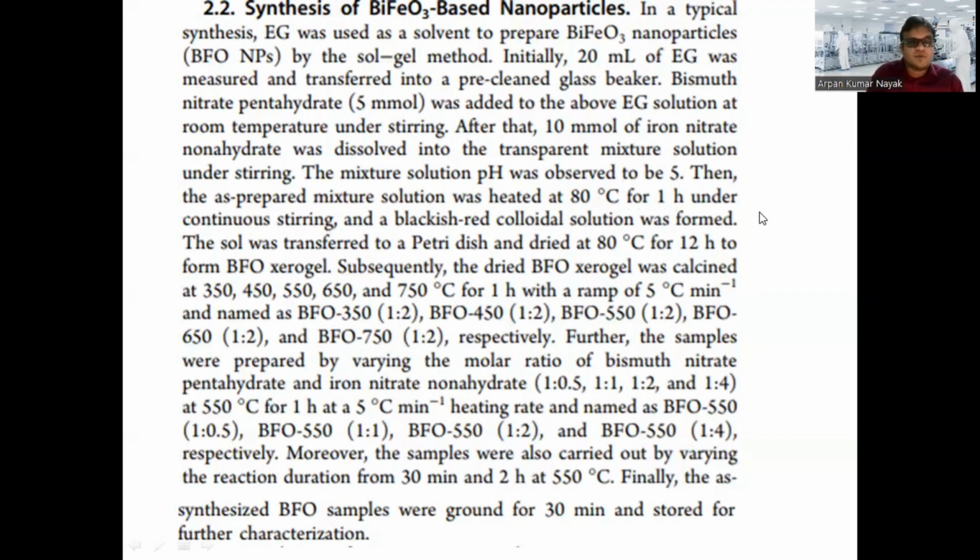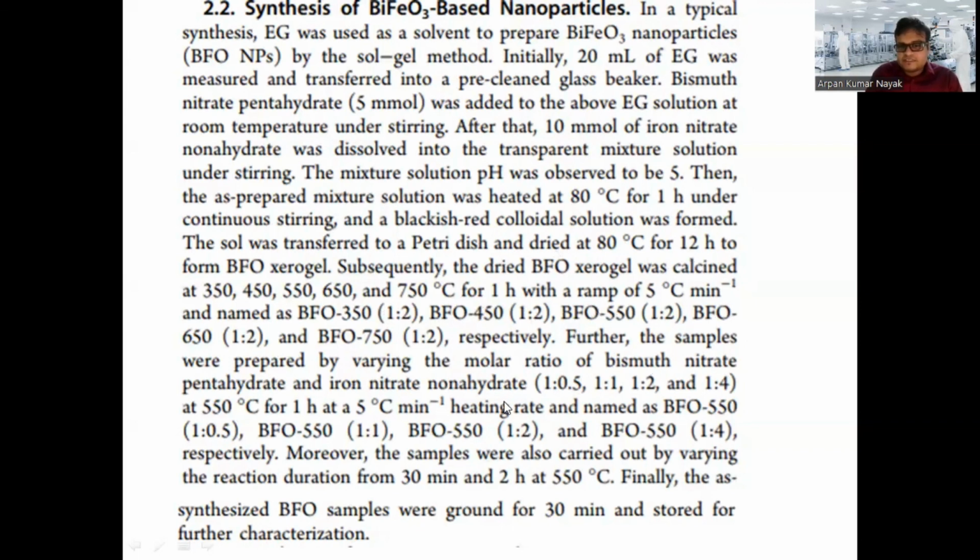Every detailed piece of information you can see: stirred to control, and this was formed. Then the salt was transferred to a petri dish and dried at 80 degrees centigrade for 12 hours. So all this information we have given here.